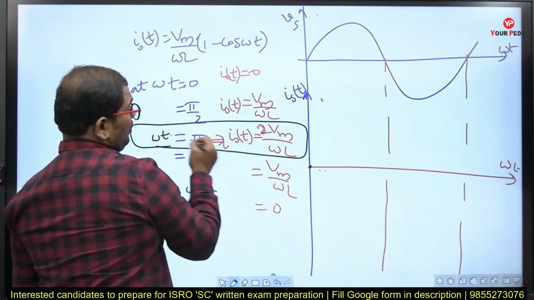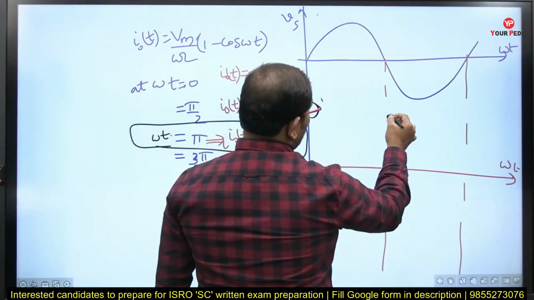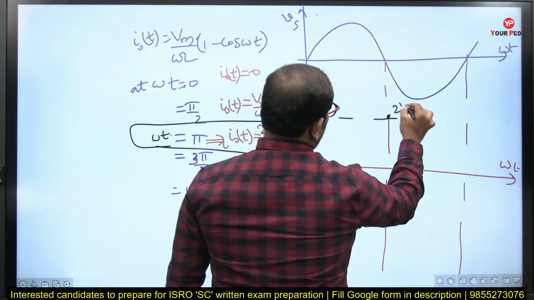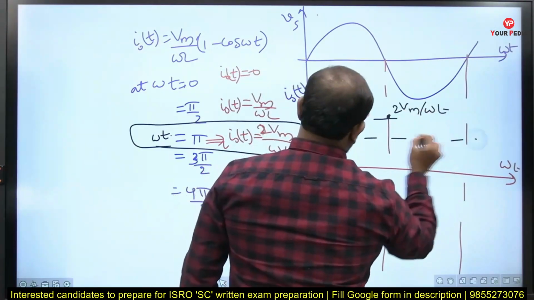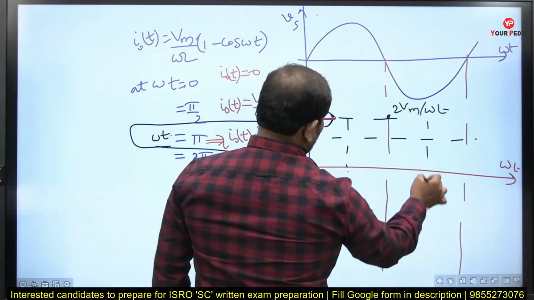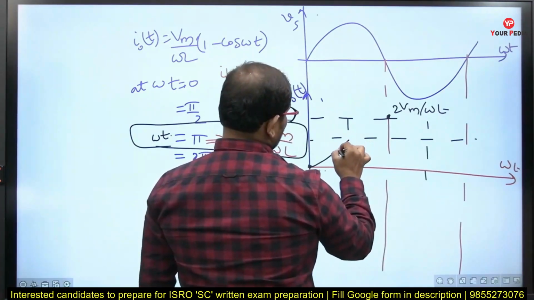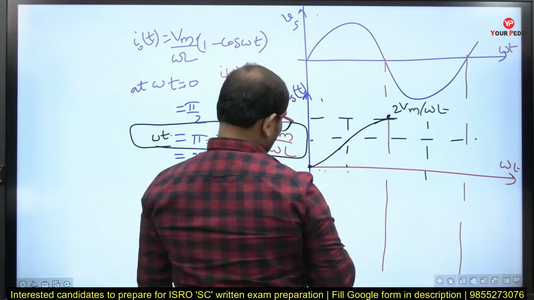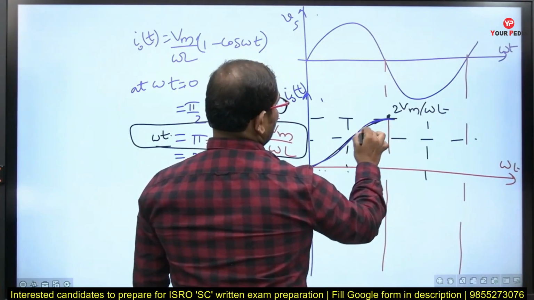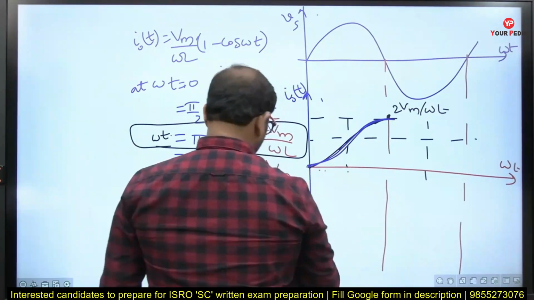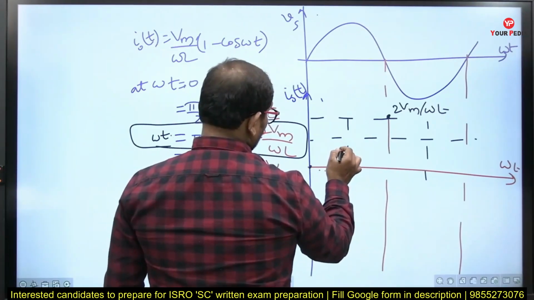At omega t equal to pi, which is equal to 2 Vm by omega L. This will be Vm by omega L. Okay, so the current changes like this. Let me take blue color. So this is the current waveform.